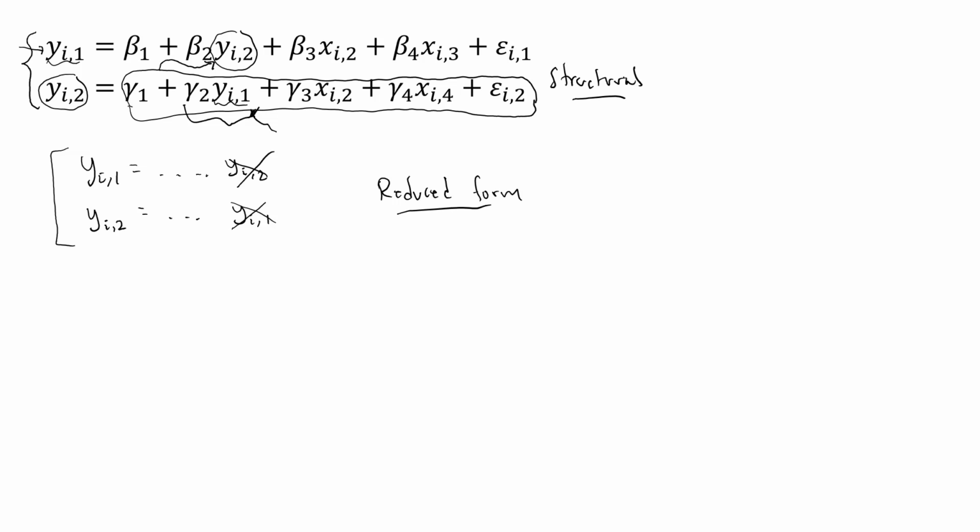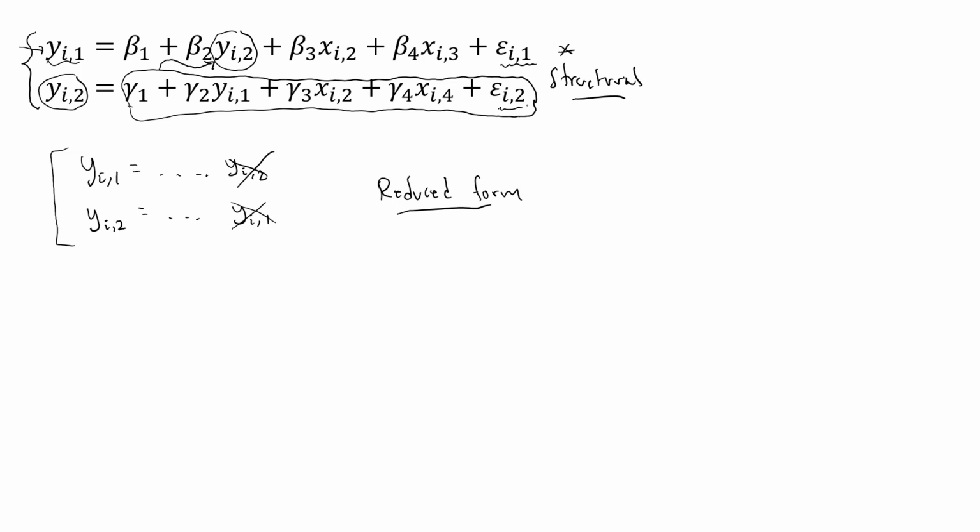Now there is one important aspect of carrying out this process, creating the reduced form equations, and that is the following. The structural first equation depends only on the first error term. Similarly, the second structural equation depends only on the second error term.